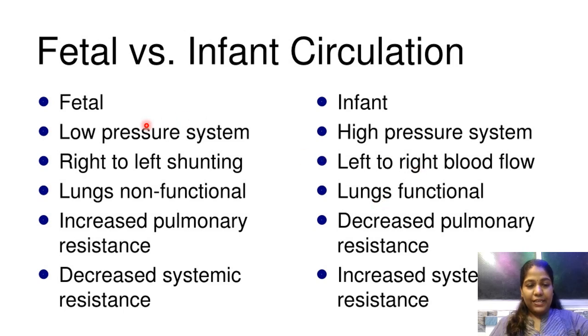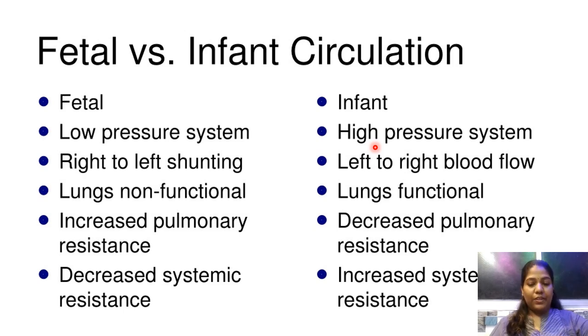So, in fetal circulation, it is a low pressure system. From right side of the heart, blood goes into the left side. Right to left shunting occurs. Lungs is non-functional, and there will be increased pulmonary resistance because of fluid within the alveoli, and systemic resistance is very low. Whereas as soon as after birth, the shunt is shifted, from left to right blood flow starts to occur.